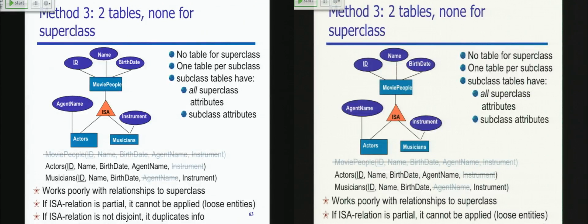If I want to talk about movie people, then I need to combine these 2 tables together and then answer questions, and that's again going to be costly. And the third problem might be, what if you have people who belong to multiple subclasses? Where are you going to keep those people?